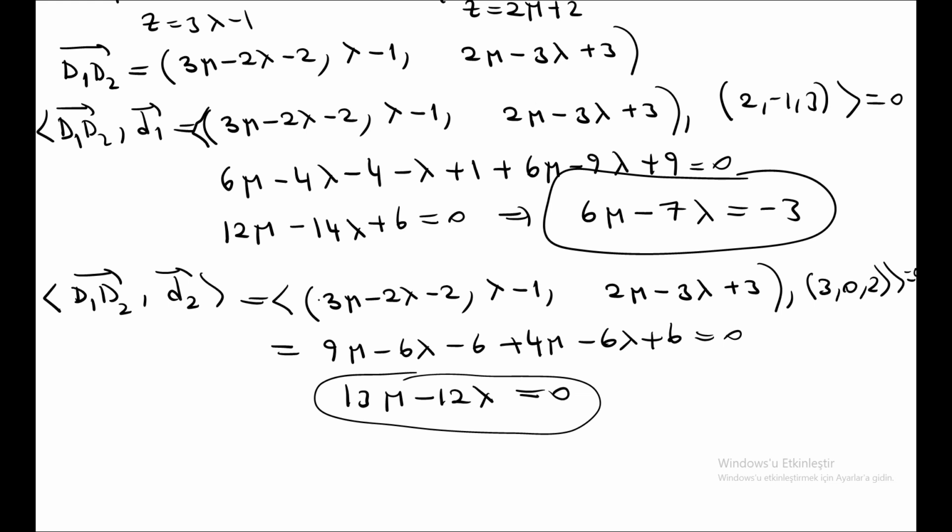So let me check this one. Lambda will be 13 over 12 mu. Then you put this information here: 6 times mu minus 7 times 13 over 12 mu equals negative 3.